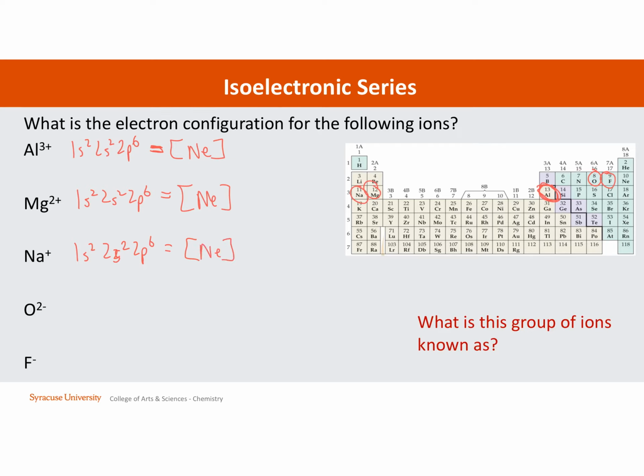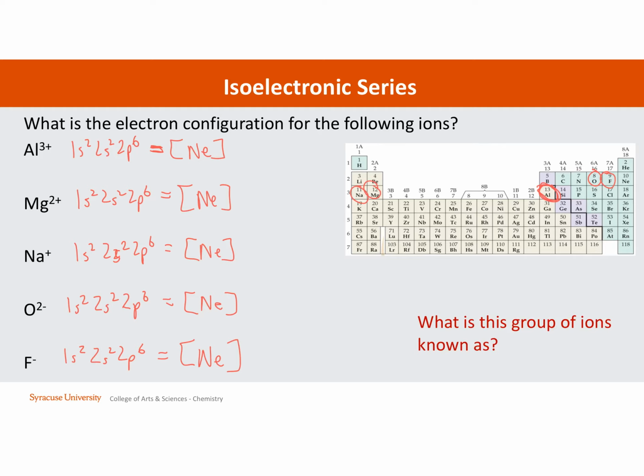also isoelectronic with neon. Oxide gains 2 electrons, so atomic number 8. Add in 2 more electrons, and the only place I have room, 1s2, 2s2, 2p6 as well. Isoelectronic with neon. Fluoride, atomic number 9. I add in 1 electron, the only place I have room, 1s2, 2s2, 2p6.